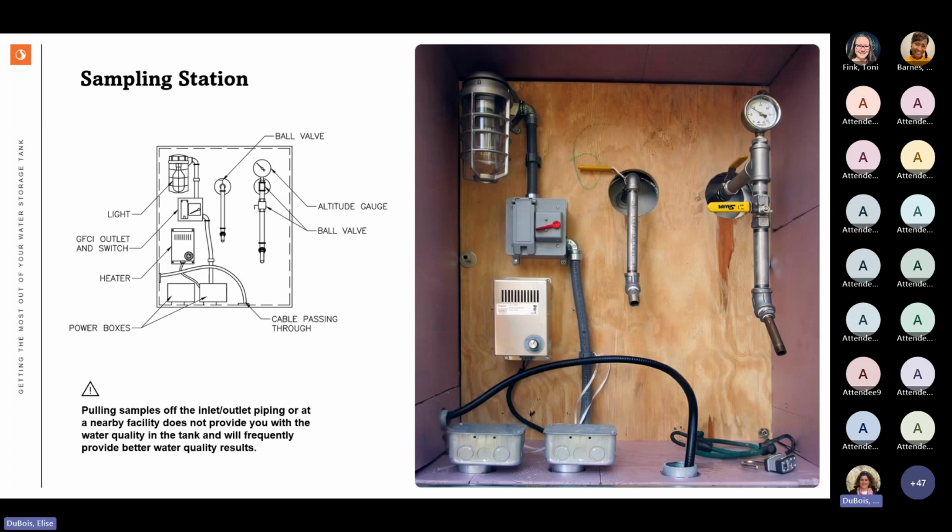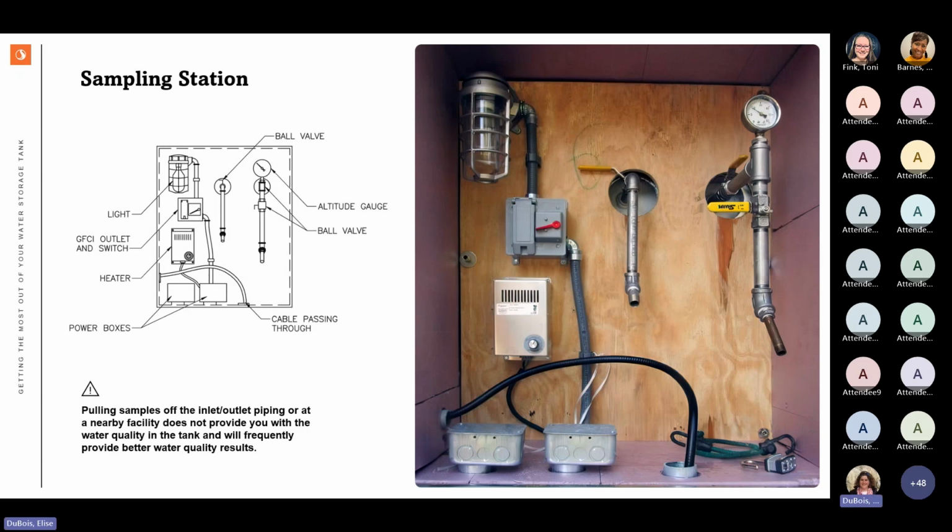And this is kind of critical because pulling samples off the inlet-outlet piping or at nearby facilities do not provide you with the water quality in the tank and will frequently provide better water quality results than you actually have. So this leads to a false sense of what's really happening in your tank. And what does that mean? Well, if you pulled a sample off your inlet outlet, which is pretty typical, and your residual was 0.4 parts per million, and you were aiming for a residual of 0.4 parts per million, you think the tank has a residual of 0.4 parts per million.